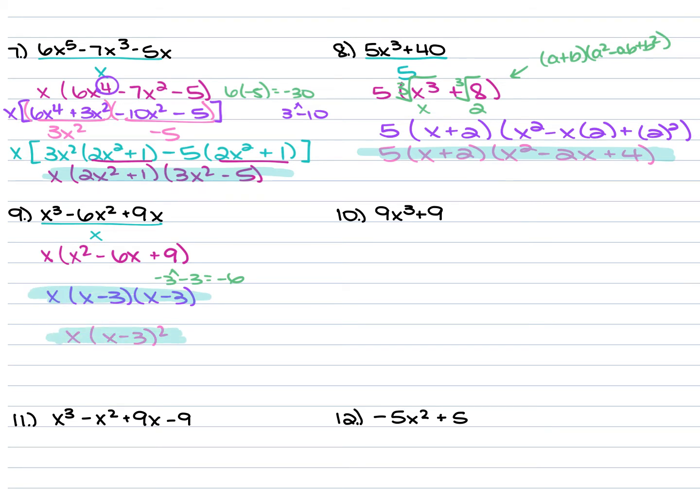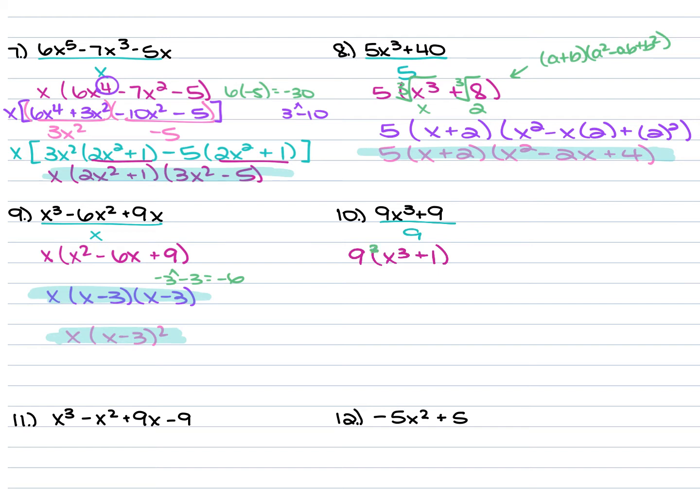For number 10, you have 9x cubed plus 9. You have a greatest common factor between those two terms, which is 9. So factor that out first. That gives you 9 times x cubed plus 1. Once again, just like the one in number 8, you have a sum of cubes. So use the formula that we did in number 8, a plus b times a squared minus ab plus b squared.